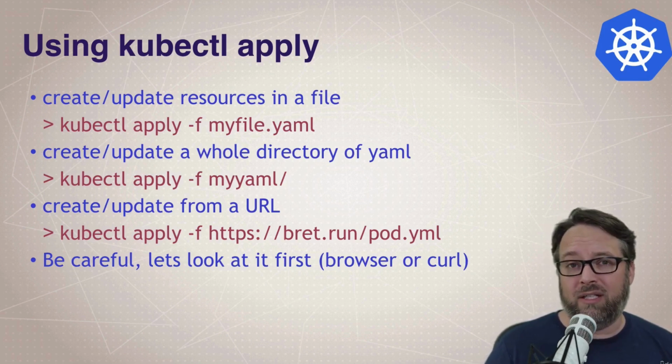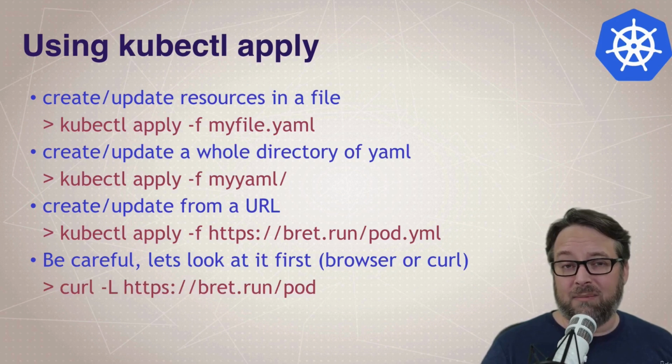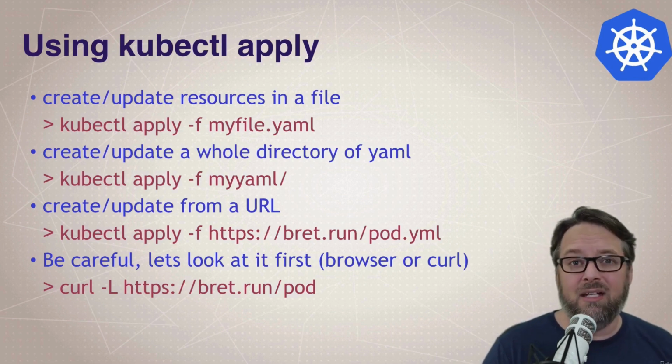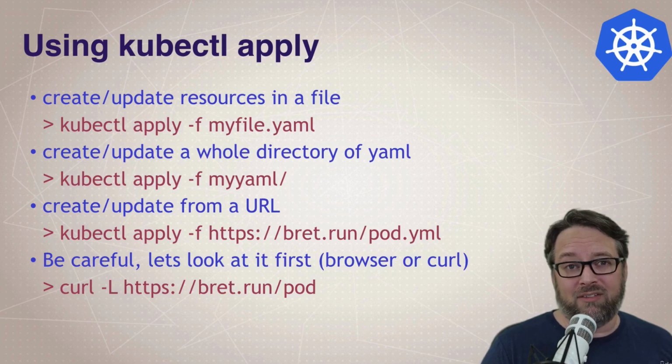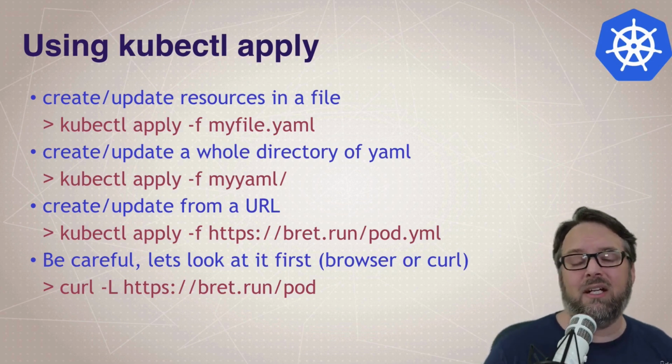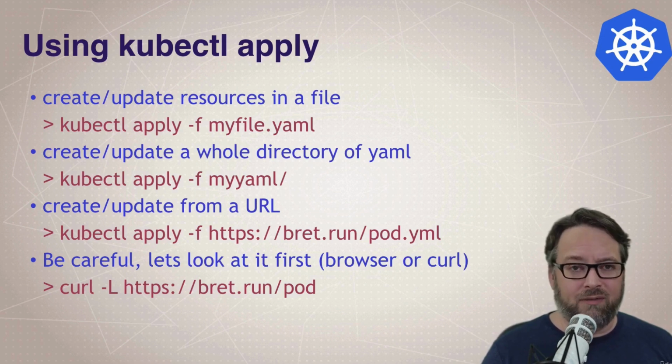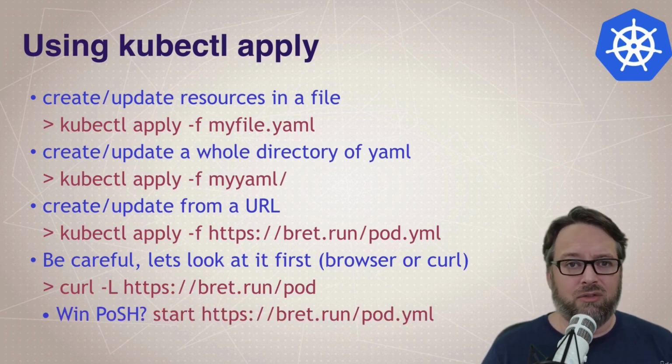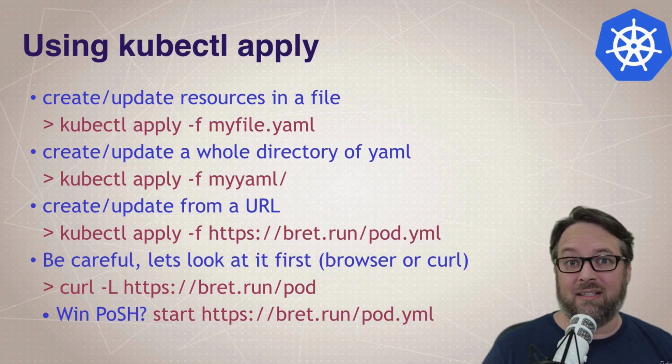This is kind of the equivalent of curling something into shell and just allowing it to run on your system without even looking at the file, right? So you really don't want to do that. We don't want to be randomly running stuff, and that's kind of what Kubernetes does, right? It runs stuff. So you might want to curl that if you have curl locally, and if you're on Windows PowerShell, then you can use that command to open it up in your browser. In the next lecture, let's start looking at YAML formatting and how we're going to create these objects.